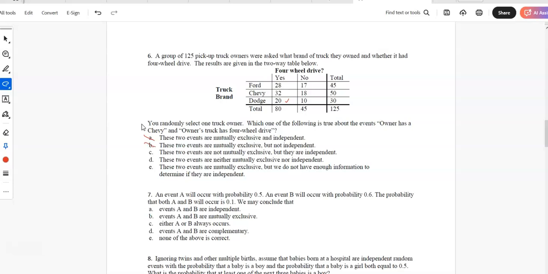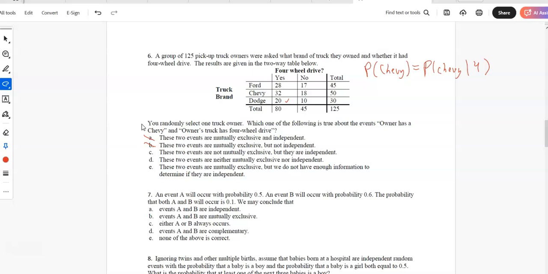Mutually exclusive is not. But they are independent, so how would I prove independence? Let's just plug into a formula. So P of A in this case is going to be, let's say Chevy. If they're independent, it should be the probability of Chevy given that you have 4-wheel drive.